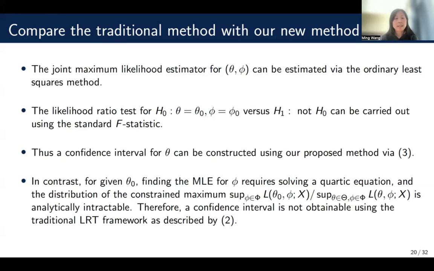In contrast, for given theta 0, finding the MLE for phi requires solving a quadratic equation, and the distribution of the constrained supremum of the likelihood over the supremum of the likelihood is analytically intractable. Therefore, a confidence interval is not obtainable using the traditional LRT framework as described in equation 2.